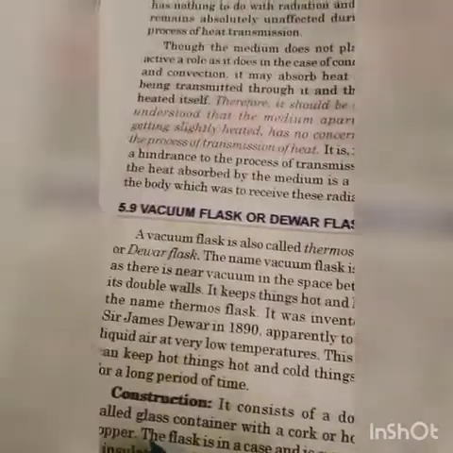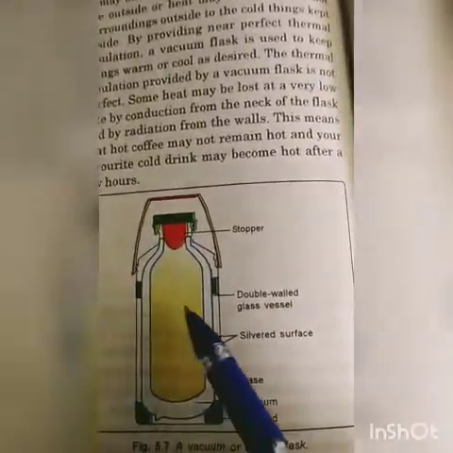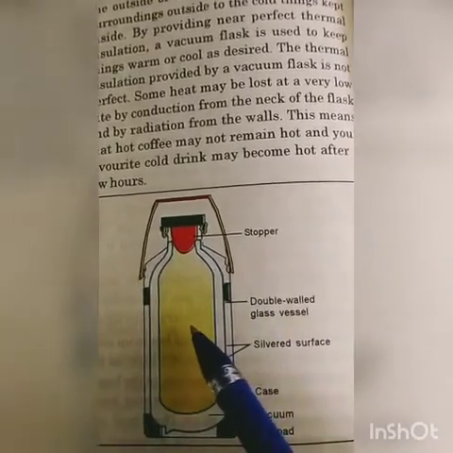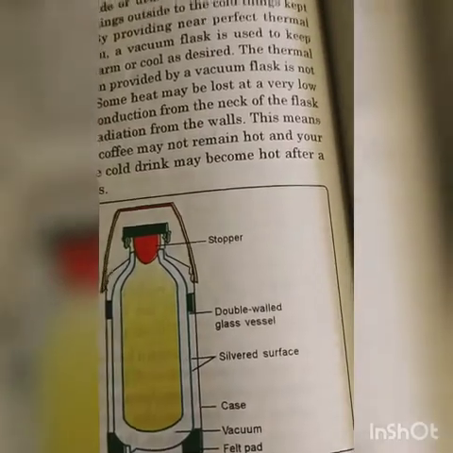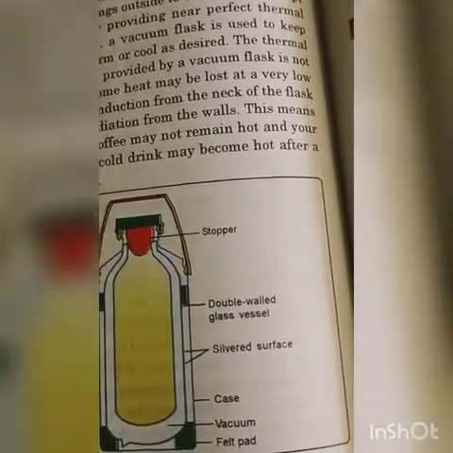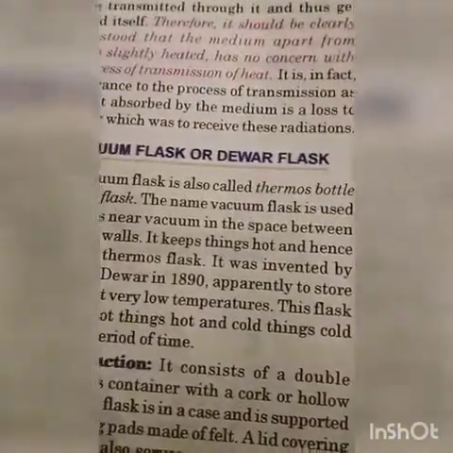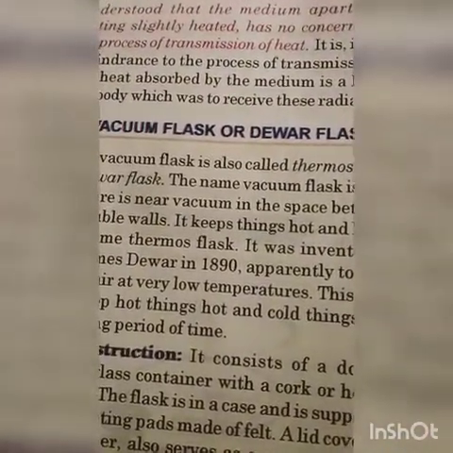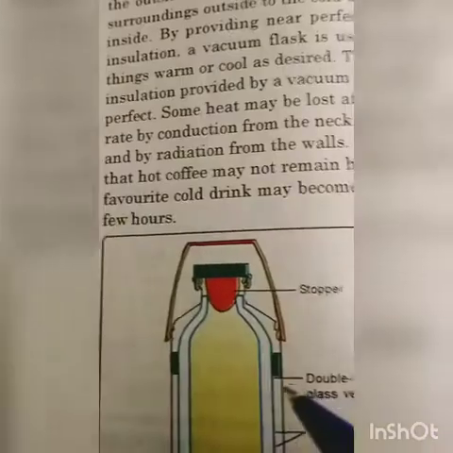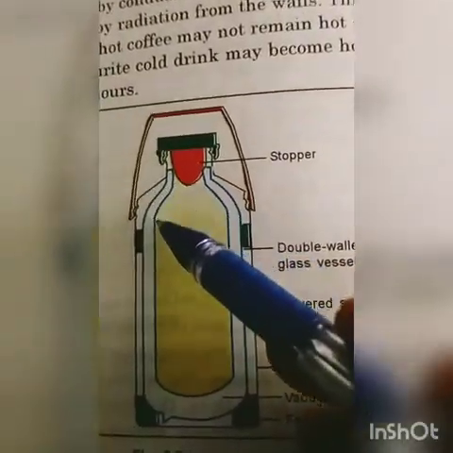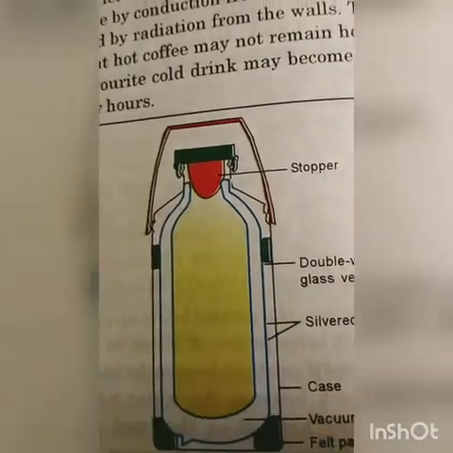So how does the water or the tea or coffee remain hot for so many hours, or the cold water remain cold for so long? Look at the construction. It's a double wall. Two walls are there.